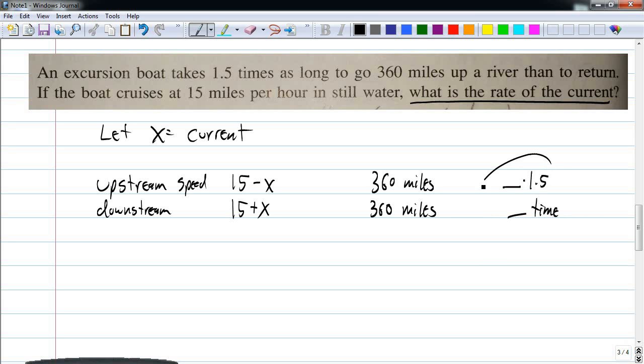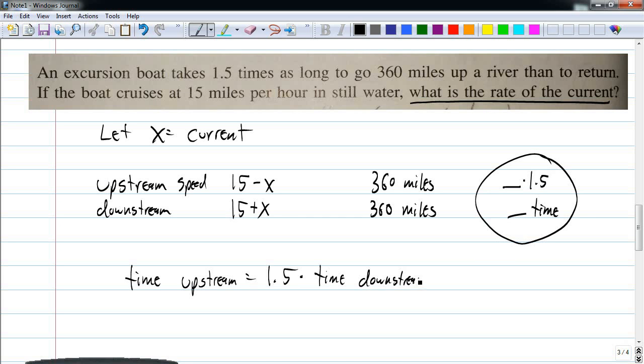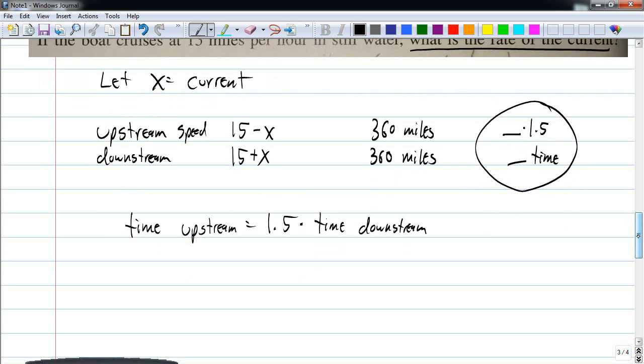Okay, I think this is where our equation is going to be. That the time going upstream is 1.5 times the time going downstream. Now, the time going upstream, remember that rate times time equals amount.